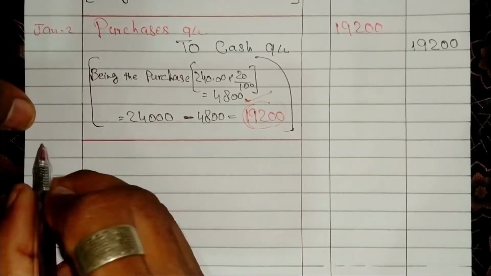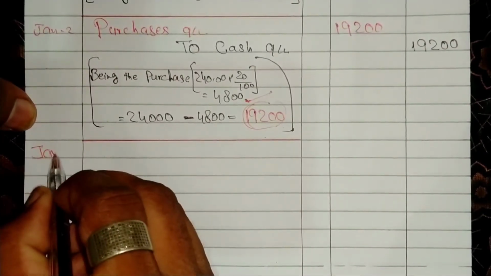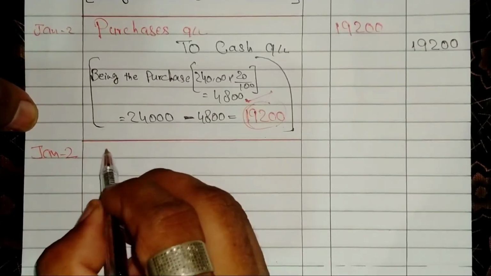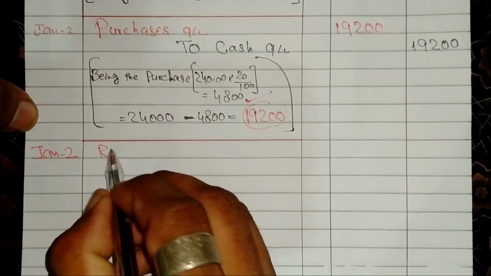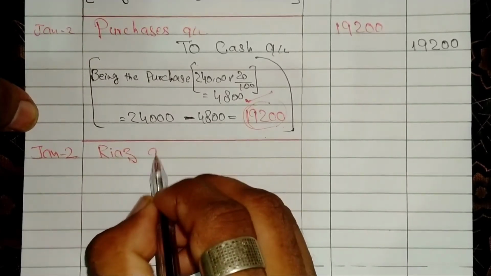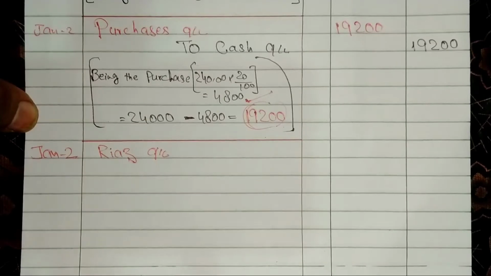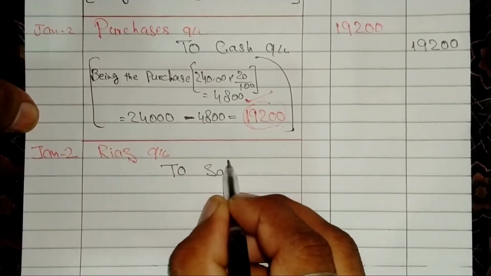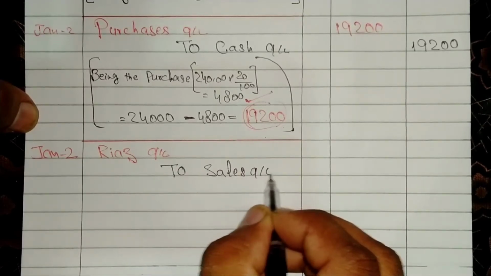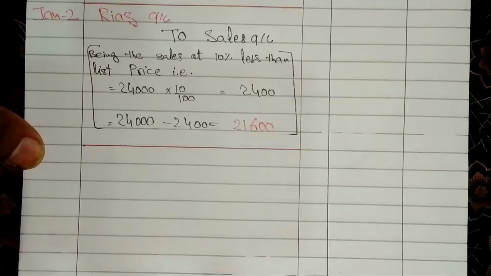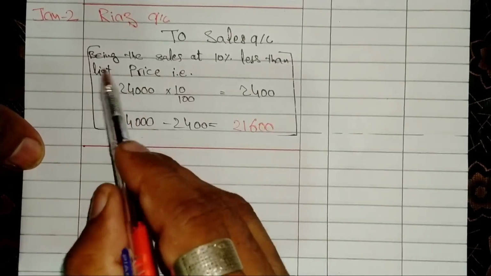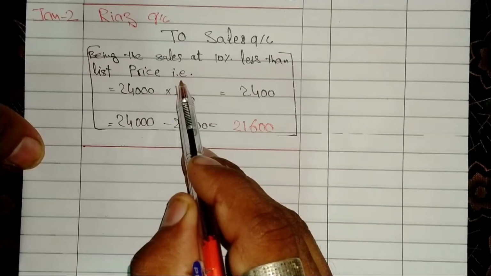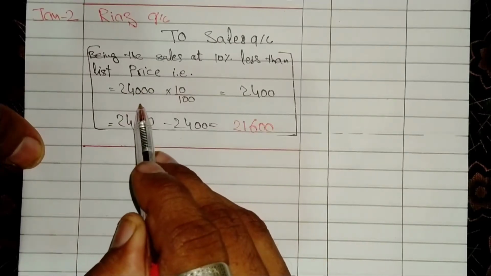Further sales on the same date, which is Jan 2: Riaz account debit to sales account credit, with description: being the sales at 10% less than list price, which is $24,000.